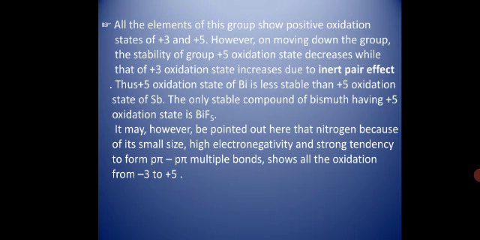However, it may be pointed out here that nitrogen, because of its small size, high electronegativity and strong tendency to form p-pi multiple bonds, shows all the oxidation states from -3 to +5. Just now I said that it shows all the oxidation states from -3 to +5. That is your N2O, NO, N2O3, N2O4, N2O5, everything from -3 to +5 due to the presence of p-pi multiple bonds.